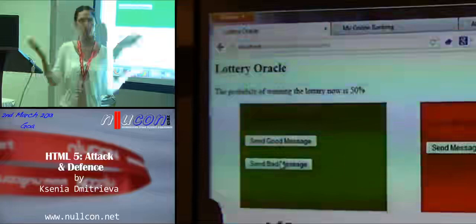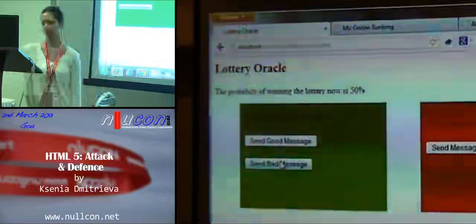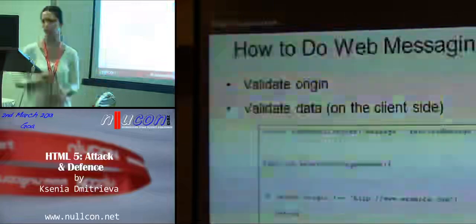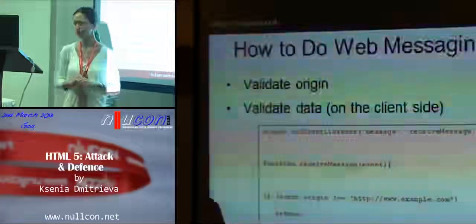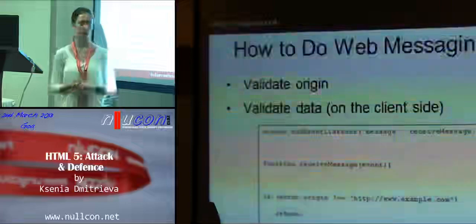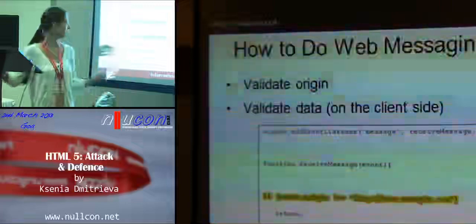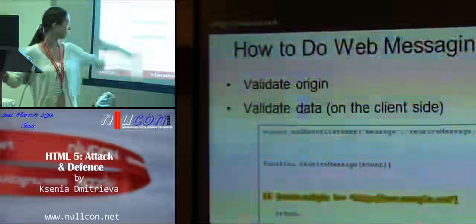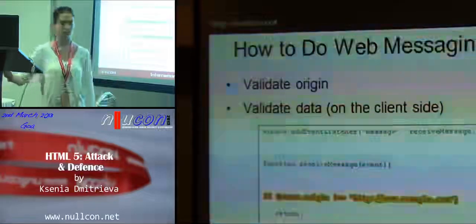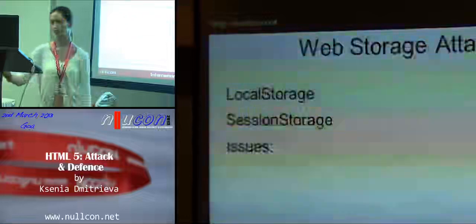So perfect, input validation works. Okay, and let's move to the next one. So yeah, as I said, to do web messaging securely, you must check two things: check the origin and check the data. Validate the data and also use the textContent for output encoding.